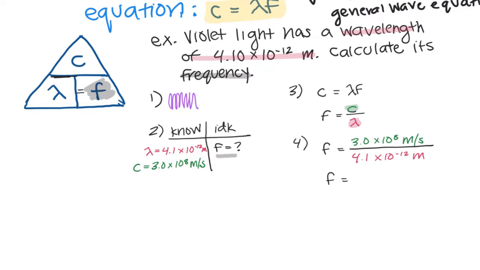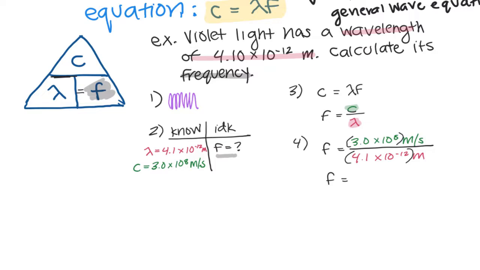Now that we've got that set up, we can go ahead and plug this in our calculator and solve. So quick thing though is that since we are using scientific notation, we want to make sure we are following the correct order of operations here. These numbers need to stay together, because what this is really saying is that 3 times 10 to the 8th, or 4.1 times 10 to the negative 12, that is one number, but we're using scientific notation to break it up so that it's a little bit easier to write.